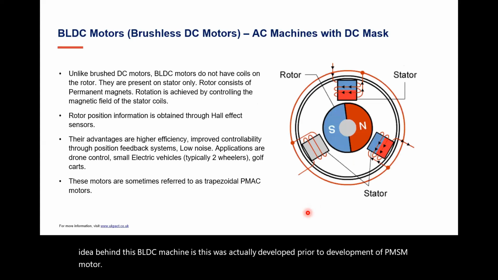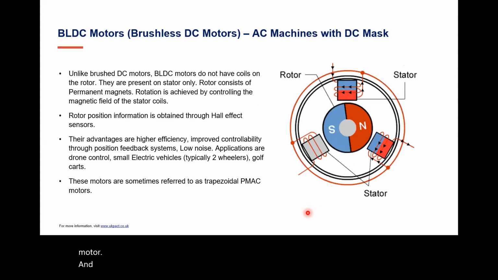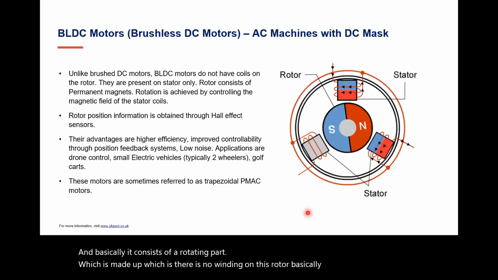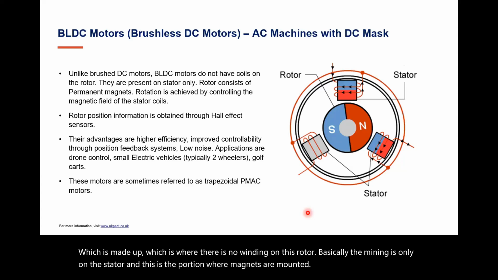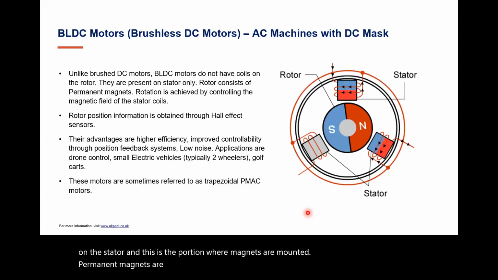It consists of a rotating part with no winding on the rotor. The winding is only on the stator, and the rotor is the portion where permanent magnets are mounted, and only windings are switched at any point of time.